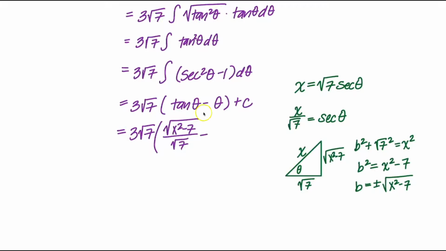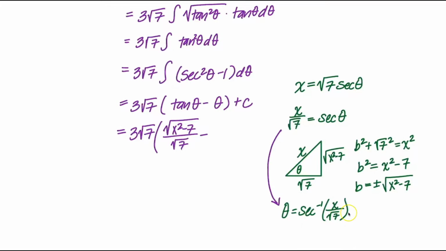But now we have minus theta, just theta. So here, when I have x over radical 7 equals secant theta, what I can do is take secant inverse of both sides. So I can go ahead and say that theta is equal to secant inverse of x over radical 7. And now I can write theta as a function of x.